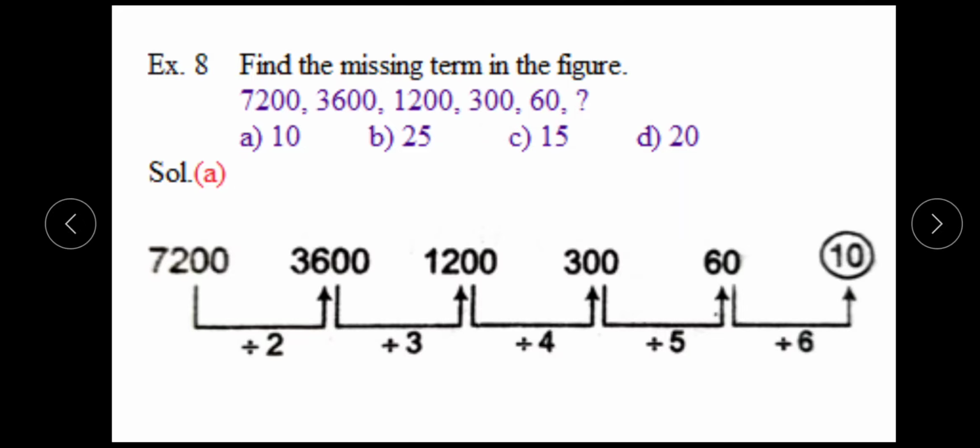In the first term there is 7200. It is divided by 2, and we get 3600. Dividing by 3, we get 1200. Divided by 4, we get 300. Divided by 5, the next value is 60. If we divide by 6, we will get 10, the first option.